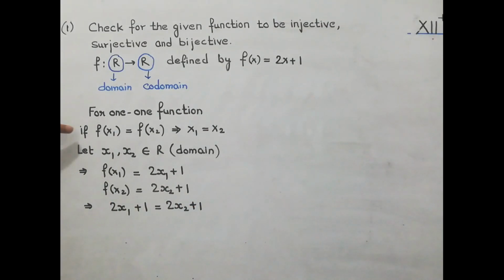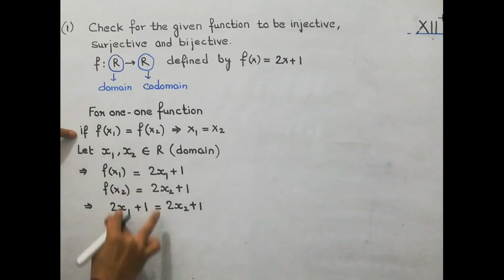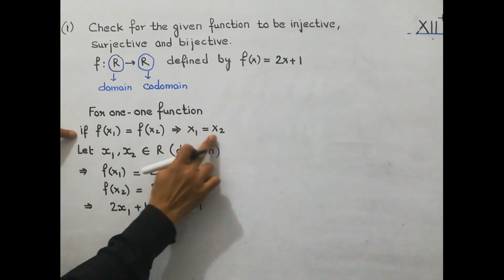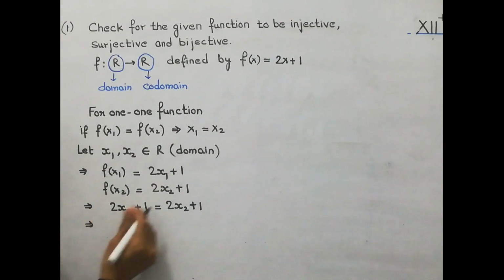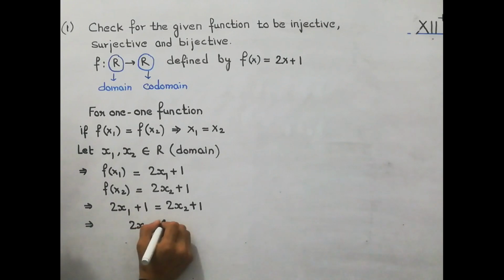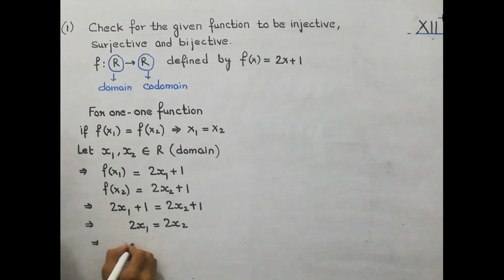Now see, this is the definition of it. If f(x1) and f(x2) are equated, we should get x1 is equal to x2. Now here 1 and 1 will cancel. This 2 and 2 will also cancel. So you are getting x1 is equal to x2.